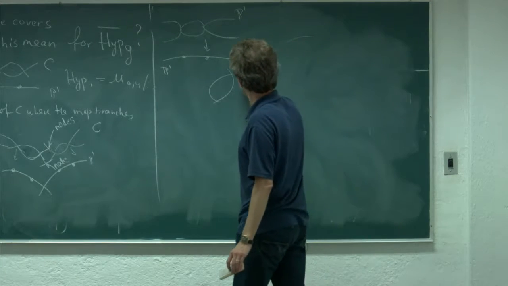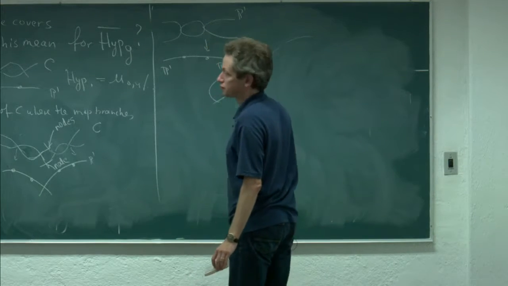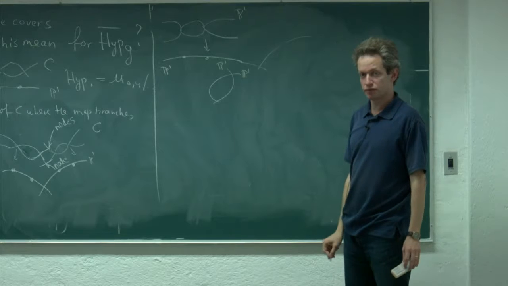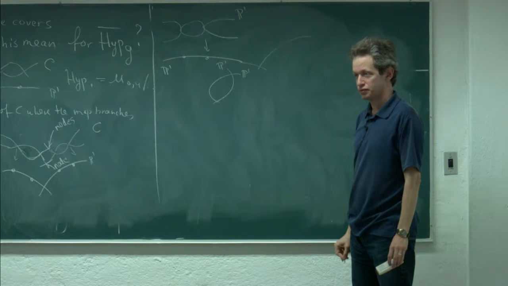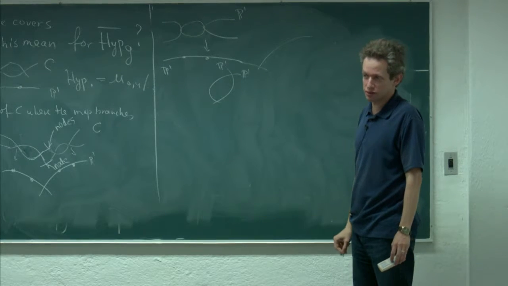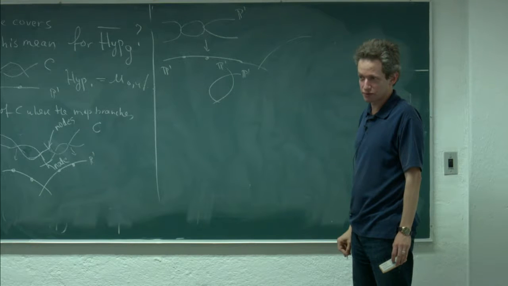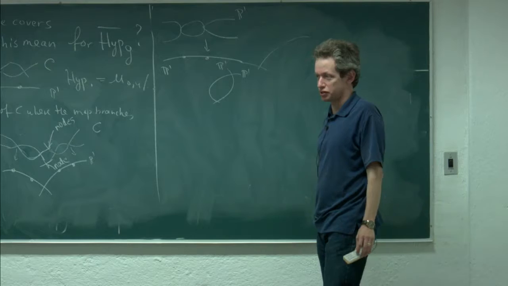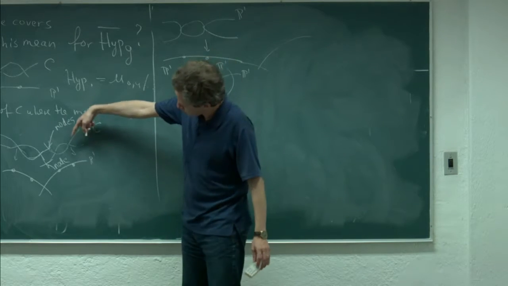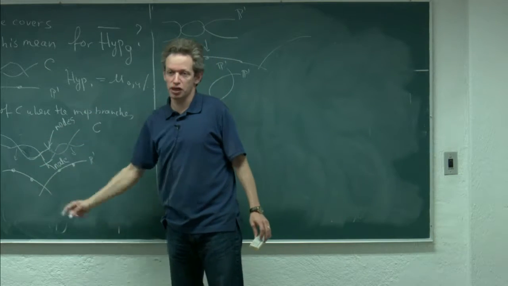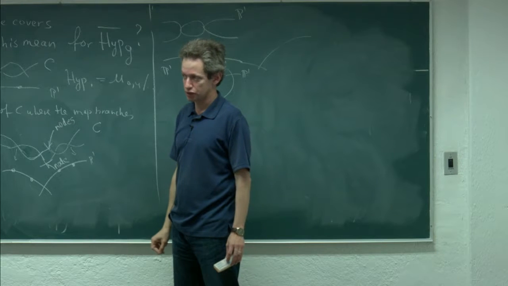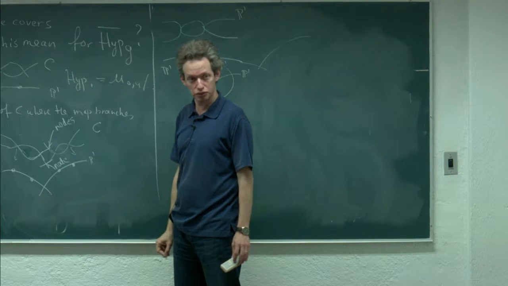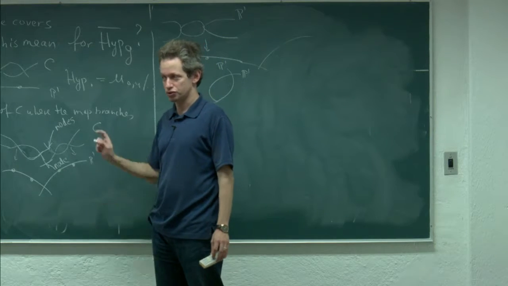Right? So this is a P1, this is a P1. At this point, of course, you should start objecting. This does not look stable. And indeed, as a curve, it's not a stable curve. But this, together with the data of a map, is a perfectly good object. And this is the kind of object you should allow in the boundary, if you're doing it this way.